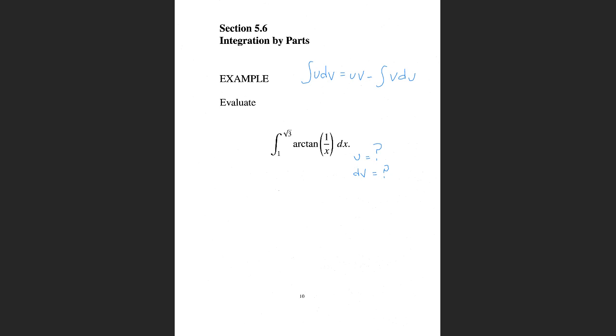Why don't we let the entire arctangent function be equal to u and let dx equal dv? Let's see if that works. I mean, we have to try something.